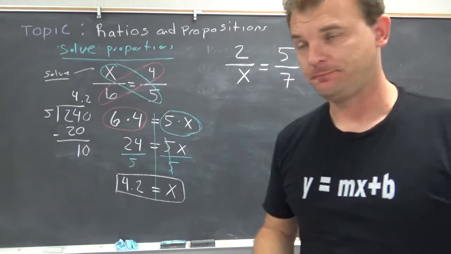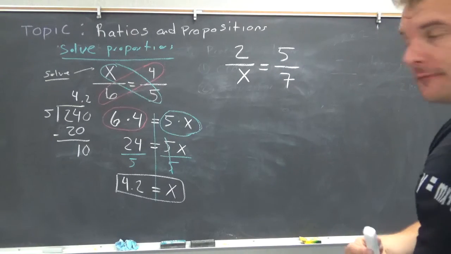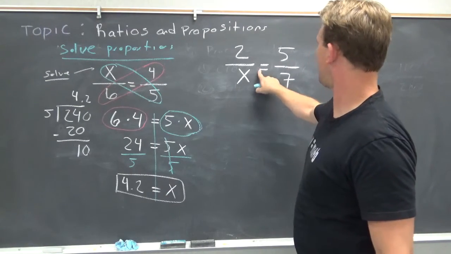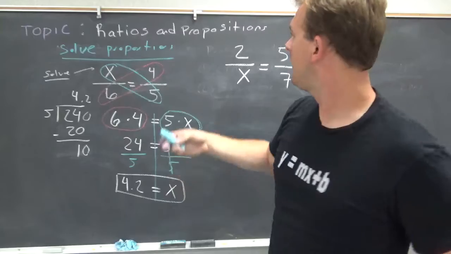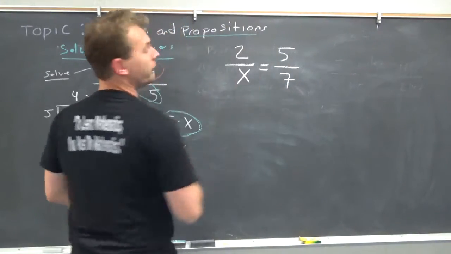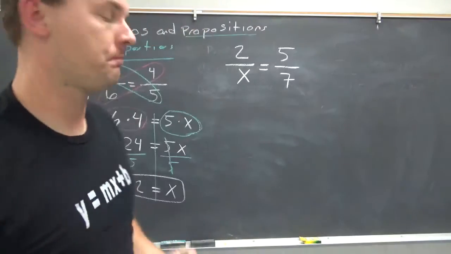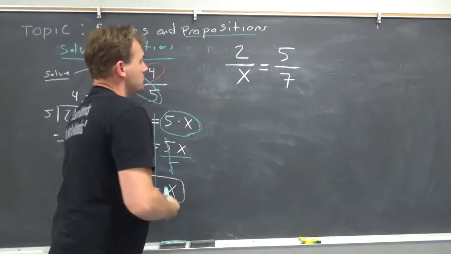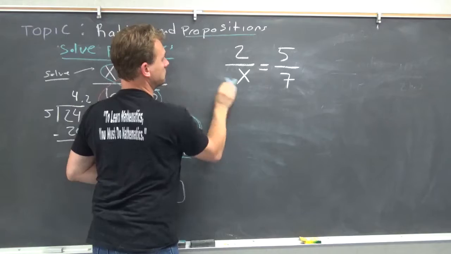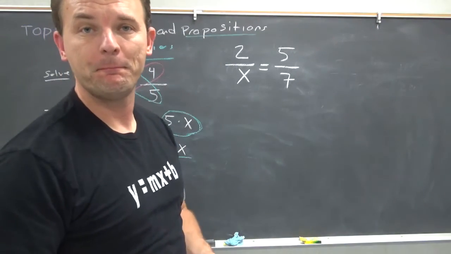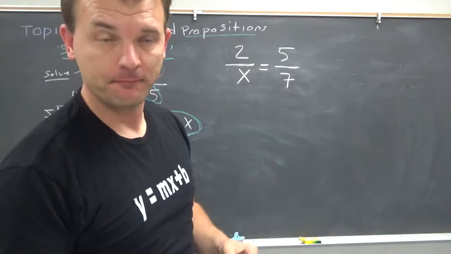So let's try this one. Well, we have two ratios that are equal. That's a proportion. Proportion means you have two things that are equal. So, what's our first step? Cross multiply.